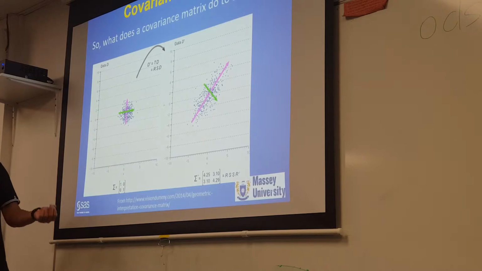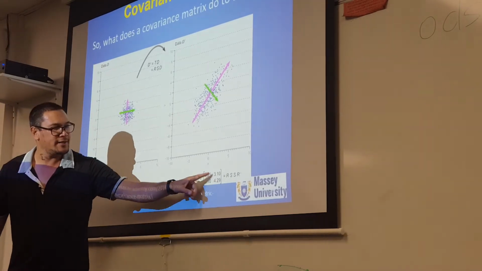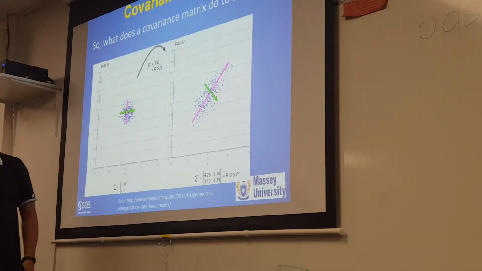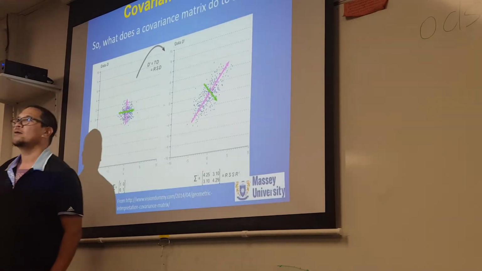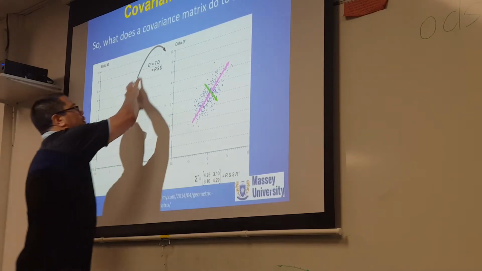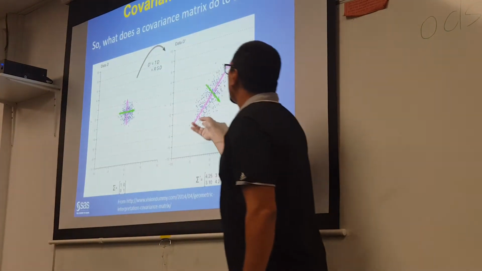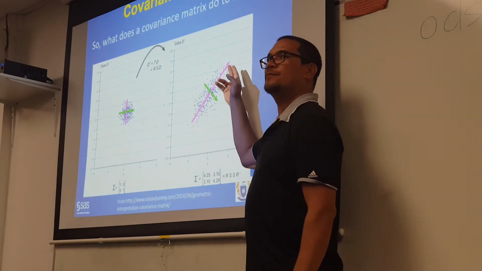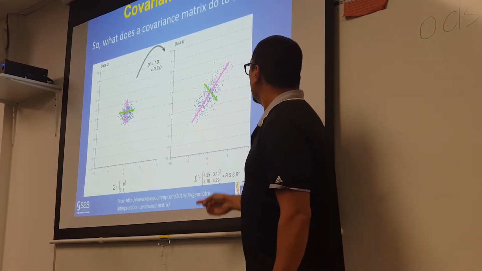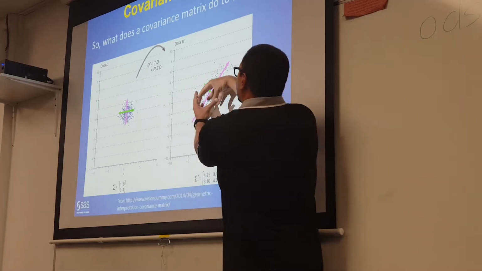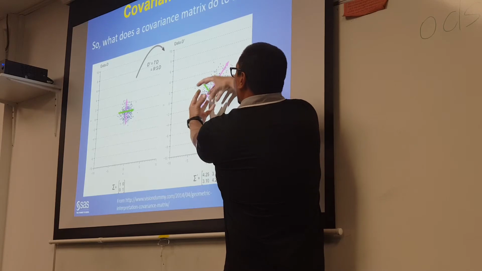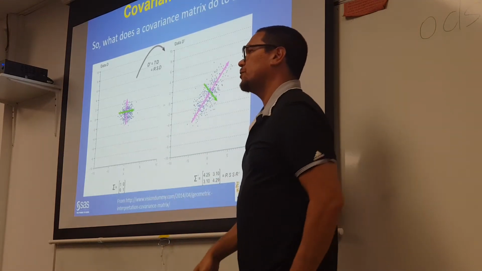If I multiply it by a covariance matrix, like this one, 4.25, 4.29, 3.1, 3.1, what happens to these data points? I end up with structure in my data. So the white noise gets turned into a data set with specific structure. It's going to have a variance along this way, a variance along that way, and a positive covariance between the two.